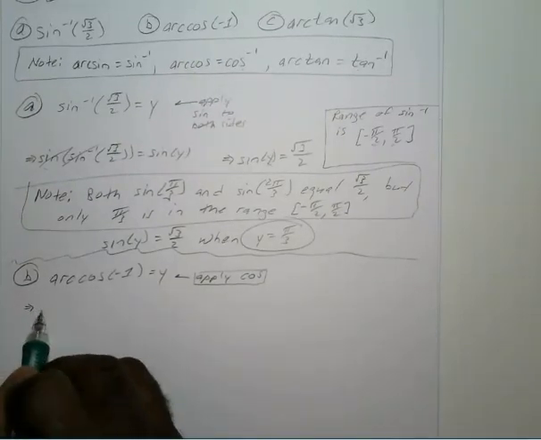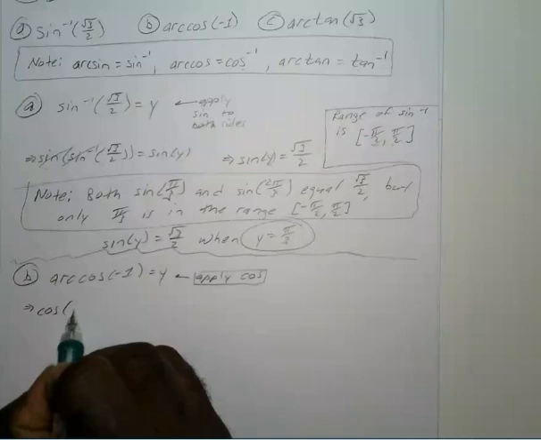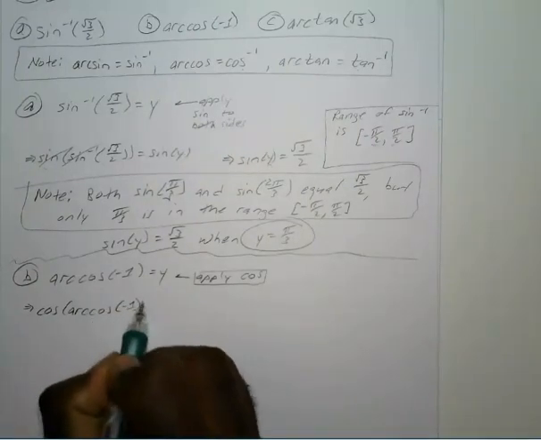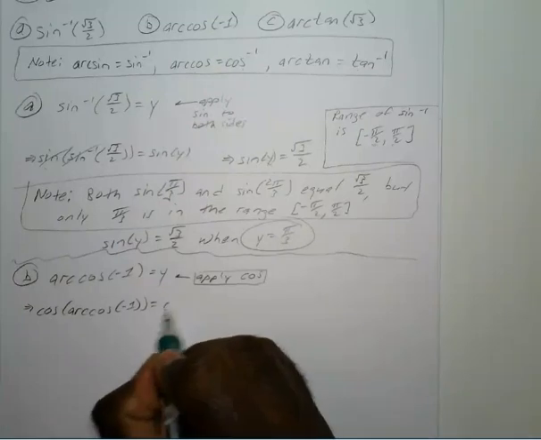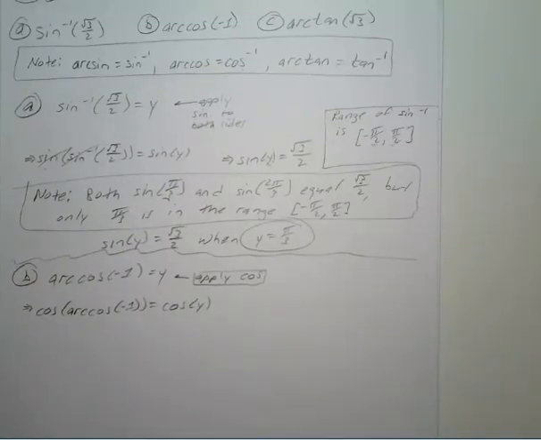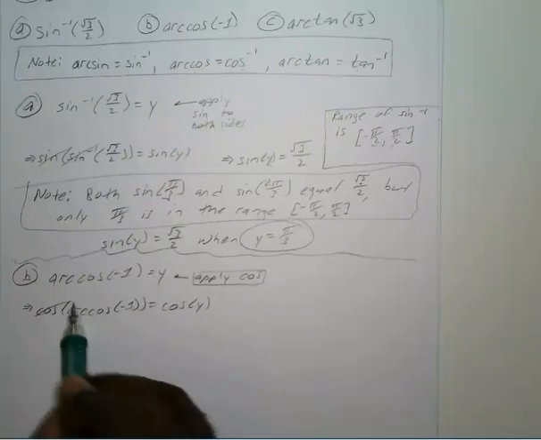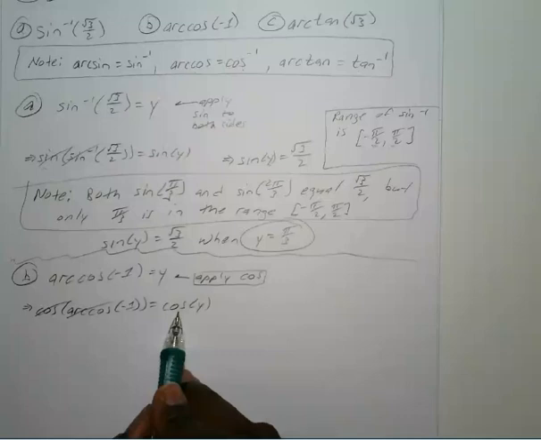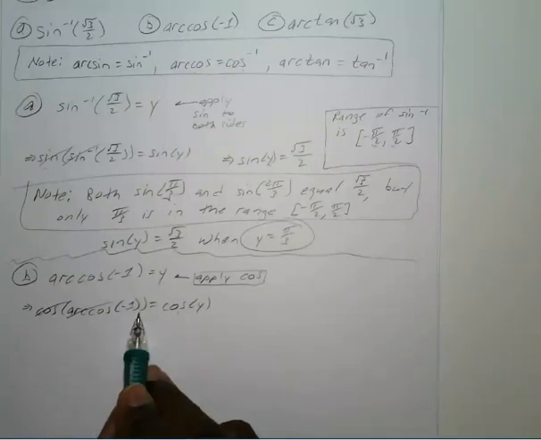So that will give us cosine of arc cosine of negative 1 equals cosine of y. Remember, arc cosine and cosine inverse are the same thing, just different notation. So those two cancel each other out. So you have cosine of y equals negative 1.